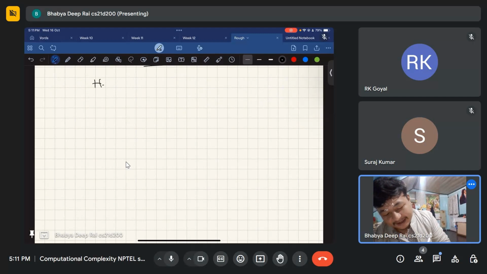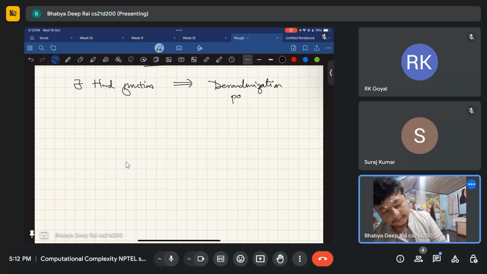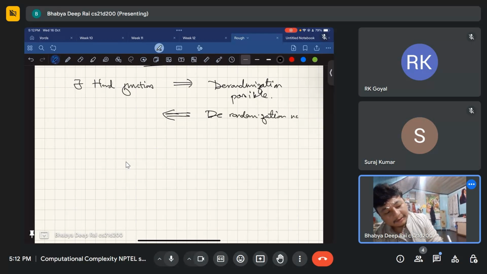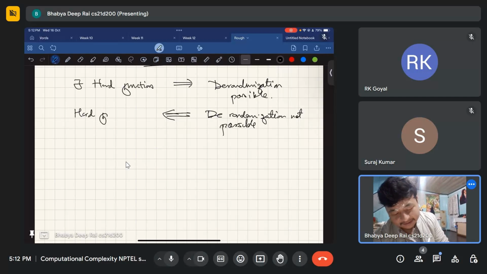If there exist hard functions, then de-randomization is possible, and the other way around. If de-randomization is not possible, then hard functions don't exist.